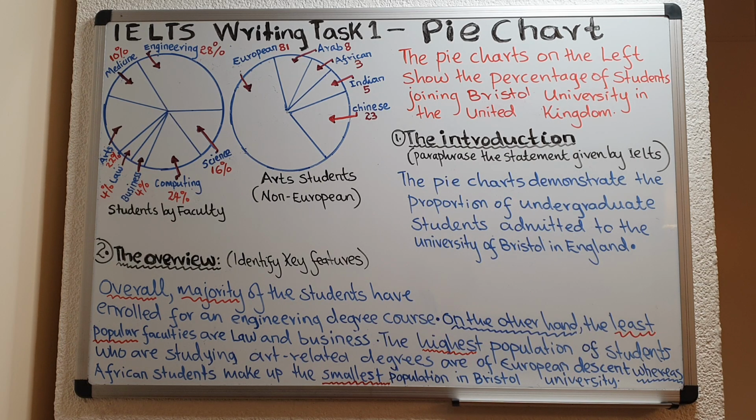And now we are talking about the least. So, on the other hand, comma, the least popular faculties are law and business. So, the most popular faculty is engineering, and on the other hand, the least popular faculties are law and business. Both of them have 4%, okay?